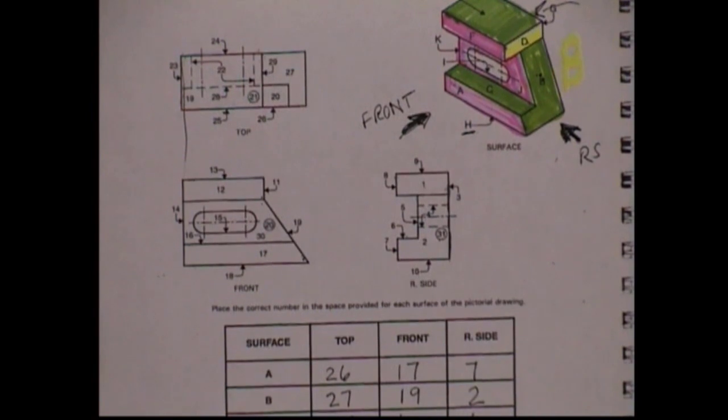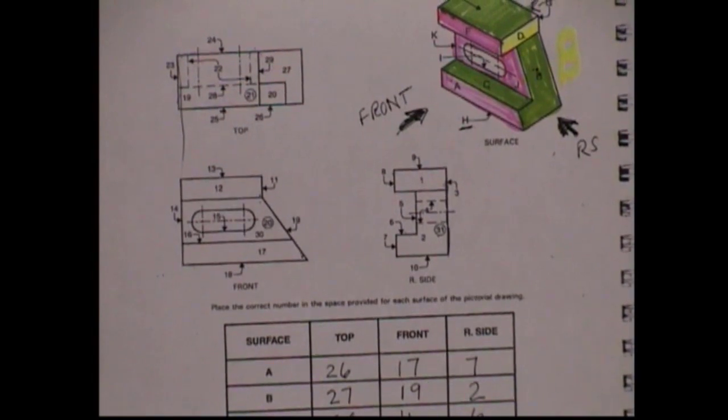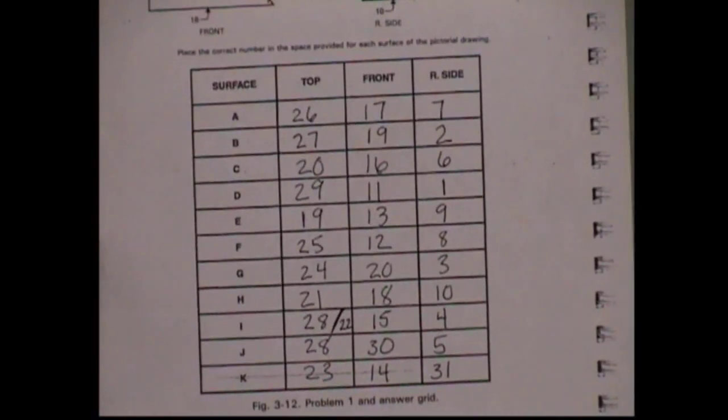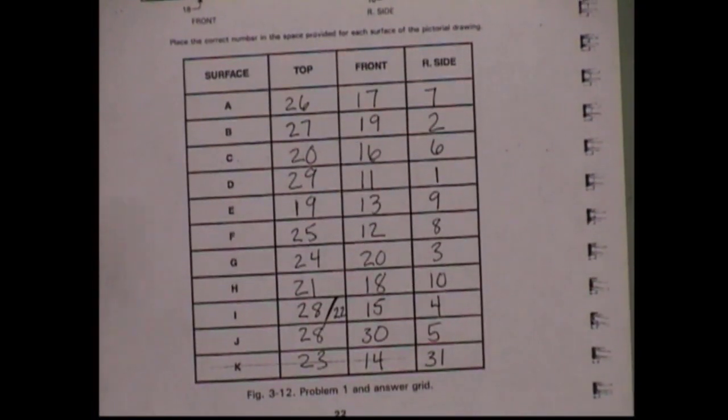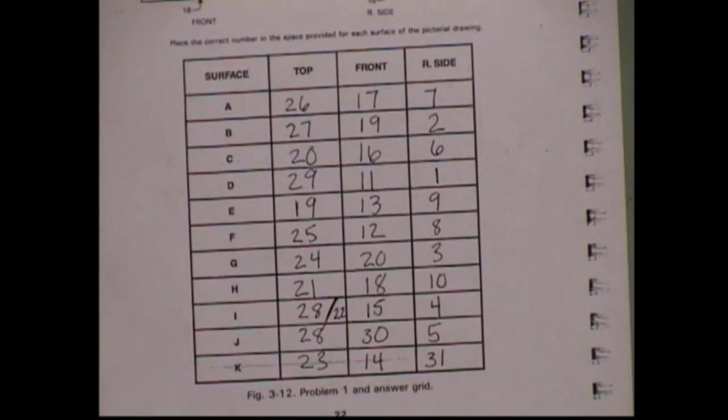So if you put 22 for I in the top view, I can see that because that would be the actual hidden lines for those holes. But here's the numbers for that. 28 would be just the edge, and 22 would be actual sides of the holes for the slot. So here's your answers for that one.